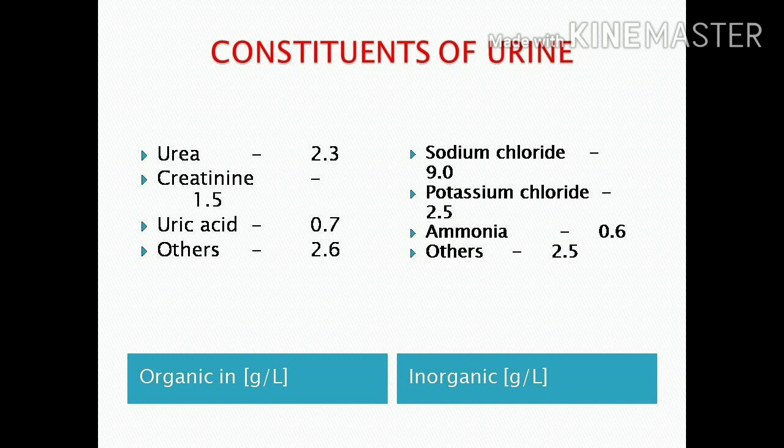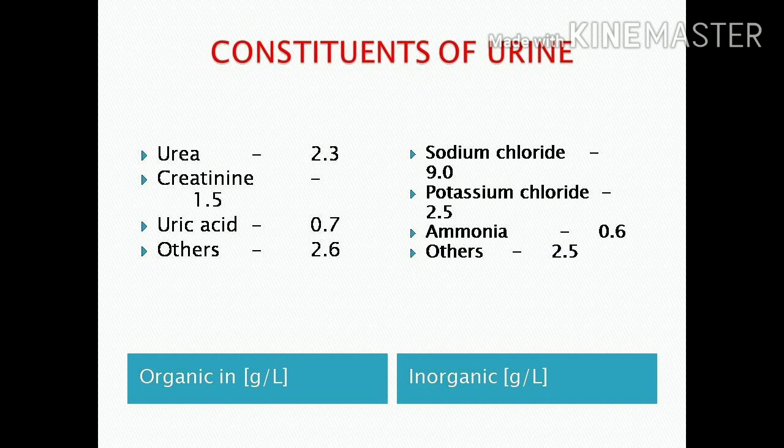Organic: urea 2.3 gram per liter, creatinine 1.5, uric acid 0.7 and other 2.6. Inorganic: sodium chloride 9.0, potassium chloride 2.5, ammonia 0.6, other 2.5.